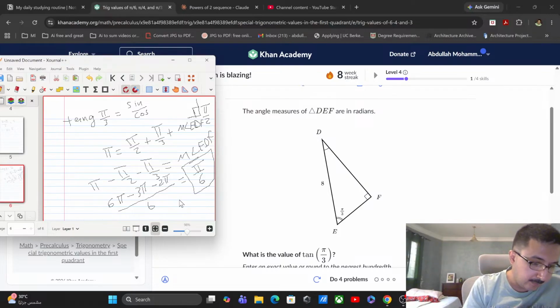Degree. I'm going to have to change the mode to radian. Okay, I'm going to go pi. Where's the pi?